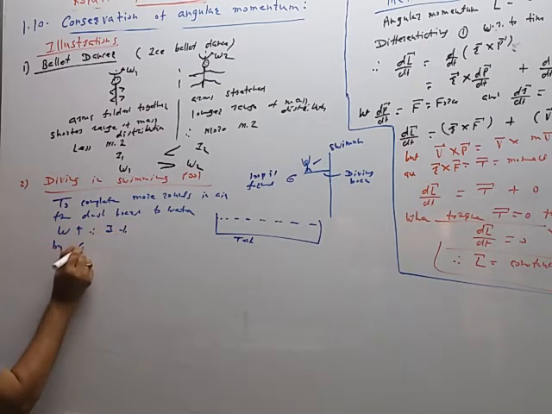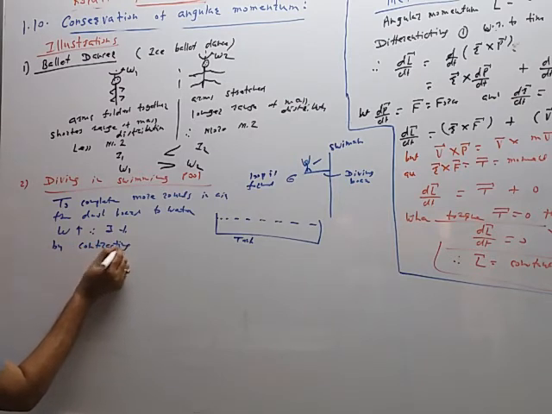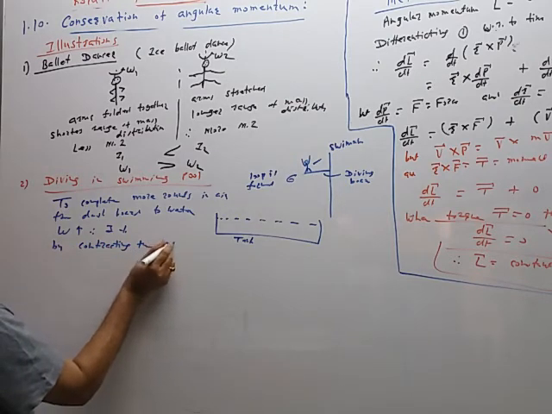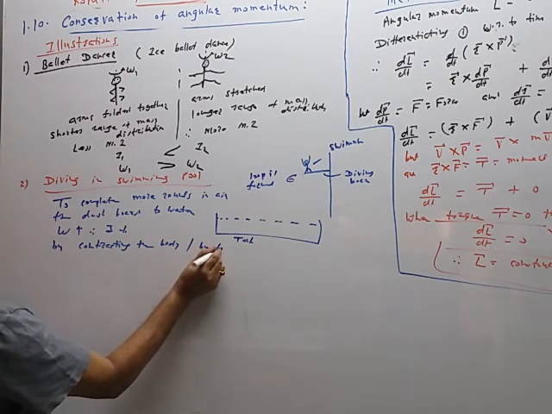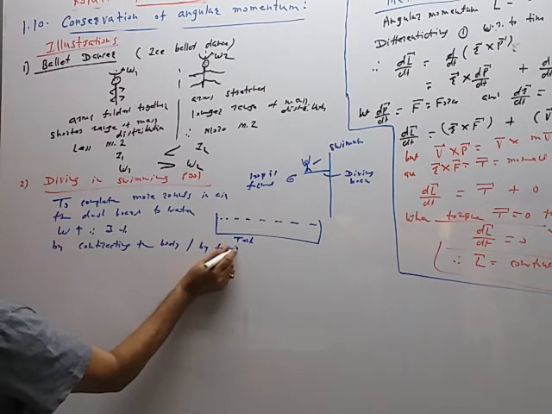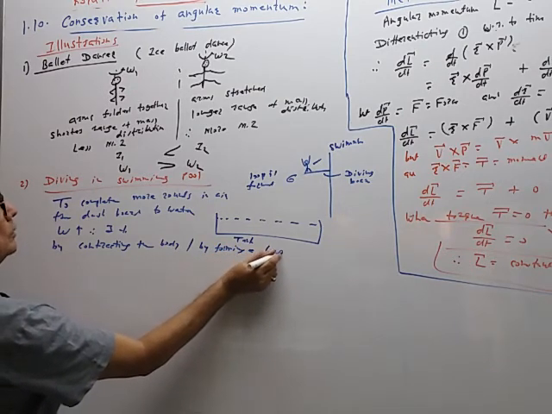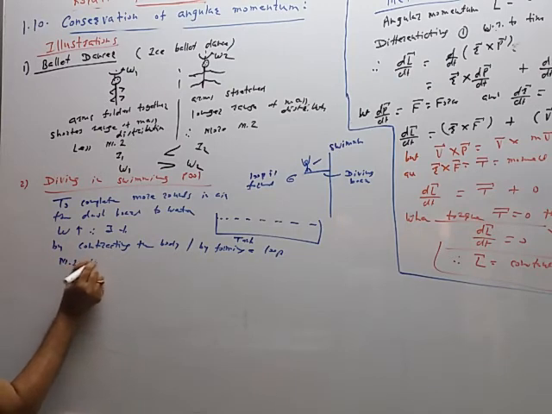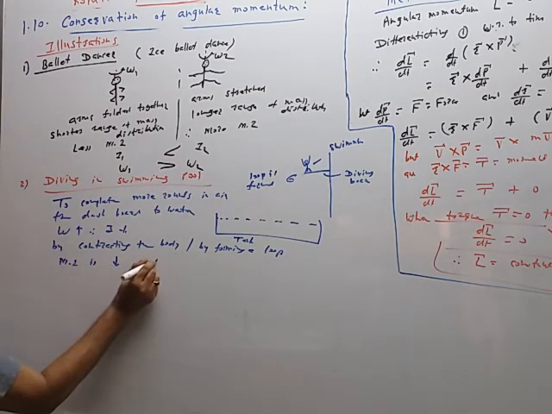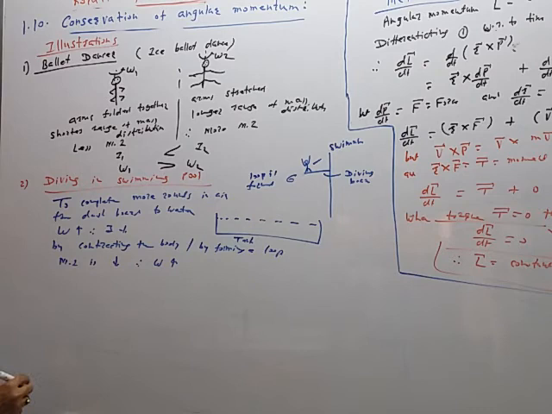So by contracting the body, or by forming a loop, I is decreased, therefore omega is increased like this. So this is the second example.